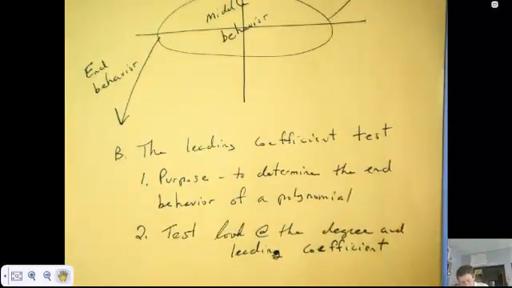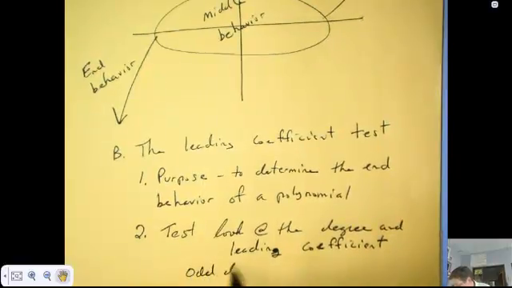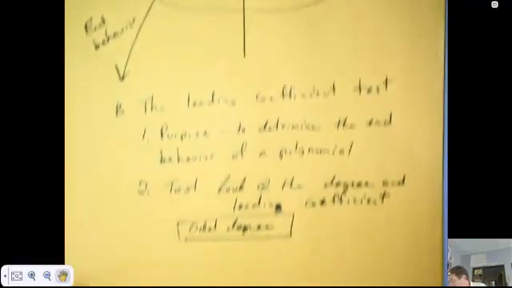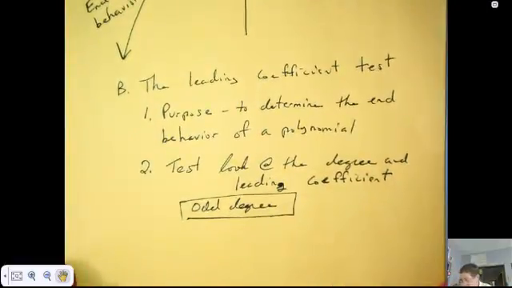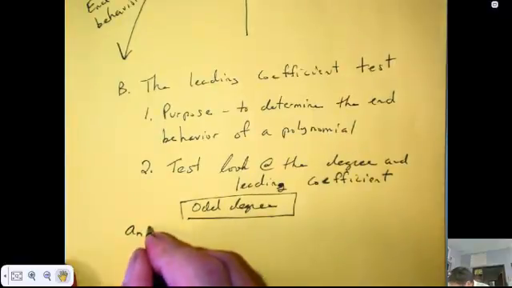Okay, so two things you look at. Really, two things can happen. So the first case is if we have an odd degree polynomial, and the leading coefficient, which is a of n, is positive.